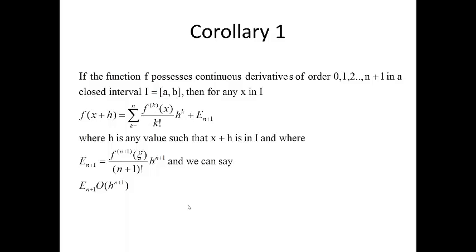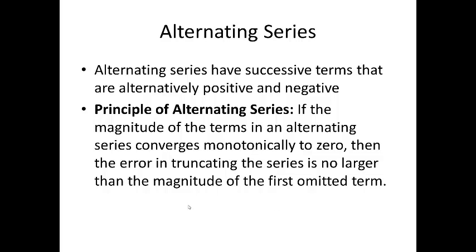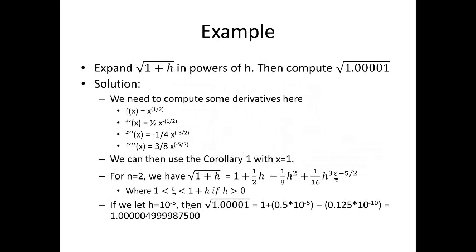Let's take a look at an example of where we can use this form with f of x plus h. So here we want to expand the square root of 1 plus h in powers of h, and then compute the square root of 1.00001.